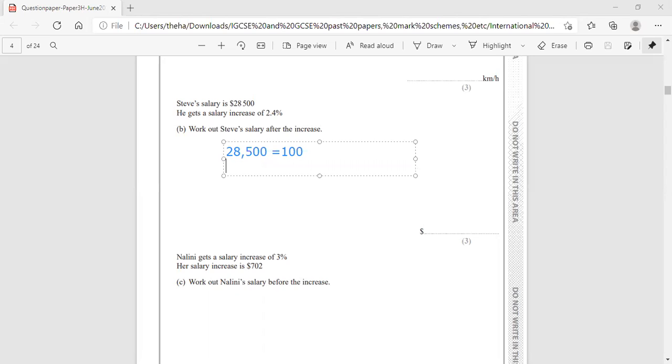So we can work out 1% by dividing it by 100, which gives us 285. 1% equals 285. Then we can multiply that by 102.4, so 285 times 102.4, which will give us our answer. Just stick this into your calculator, and you will get $29,184.